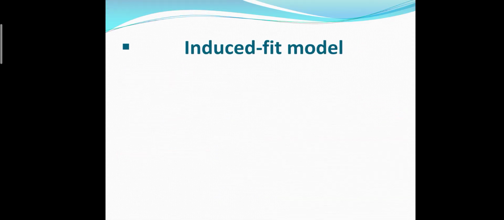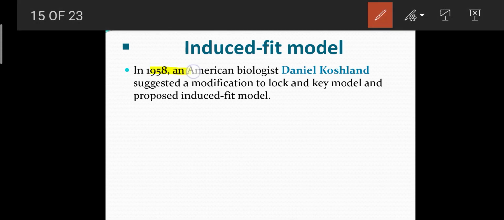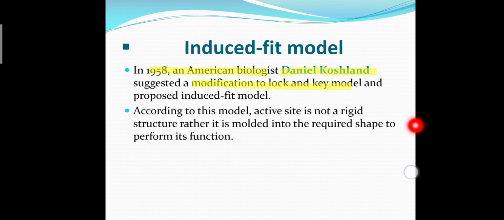But then a new model was introduced, the induced-fit model. In 1958, an American biologist, Daniel Koshland, gave a modification to the lock and key model and proposed the induced-fit model.